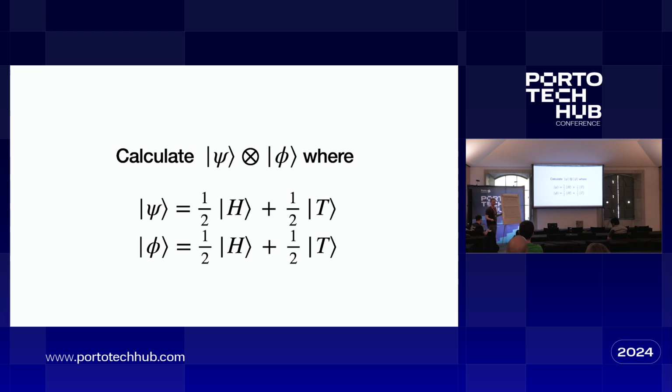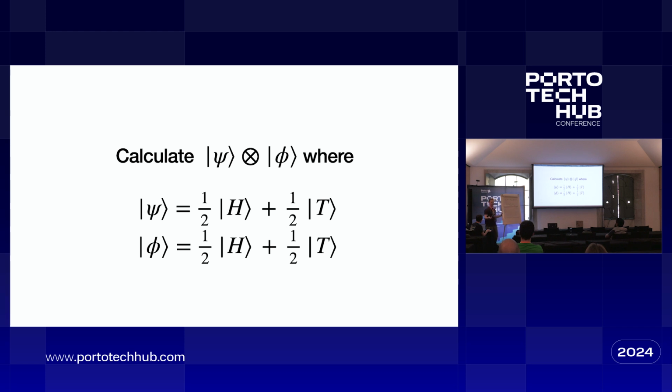Multiply out again. Heads heads, heads tails, tails heads, tails tails. We get a quarter heads heads, plus tails tails, plus tails heads, plus heads tails.